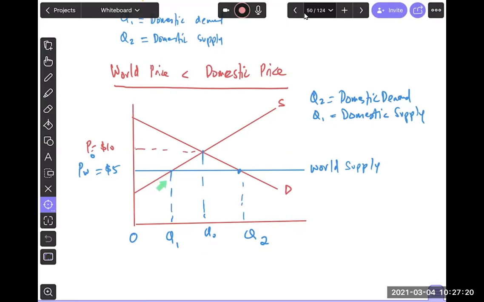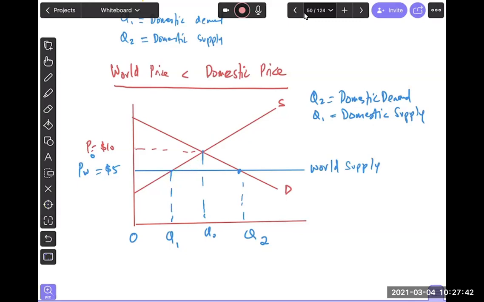Their cost is high. Isn't that true? Isn't supply curve your marginal cost curve? So this cost is higher. They can't match this. Only these guys are able to match the $5 price. Yeah, cost of production is too high. So exactly, they are unable to sell at $5.